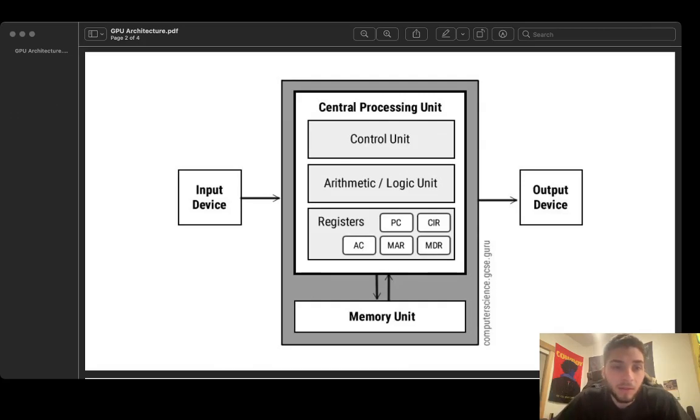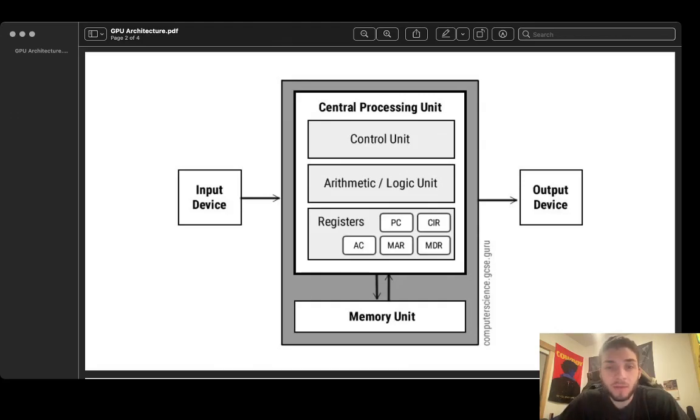If we look at the von Neumann architecture, it's really quite simple from a high-level overview. We have input devices that then access or directly manipulate a central processing unit, and this processing unit has different control and logic circuits that basically allow for the computation of different operations that we want to represent in a computer architecture or in the actual circuits themselves.